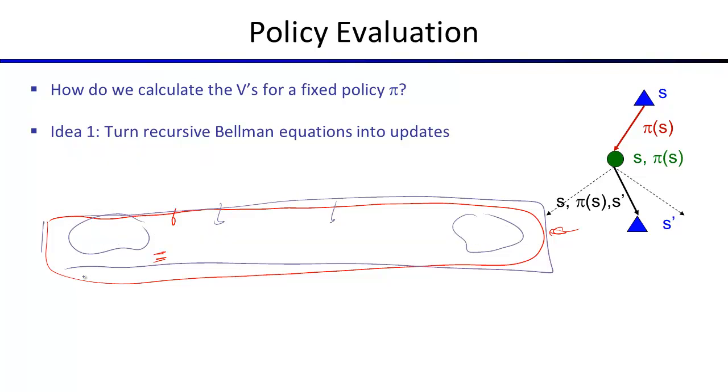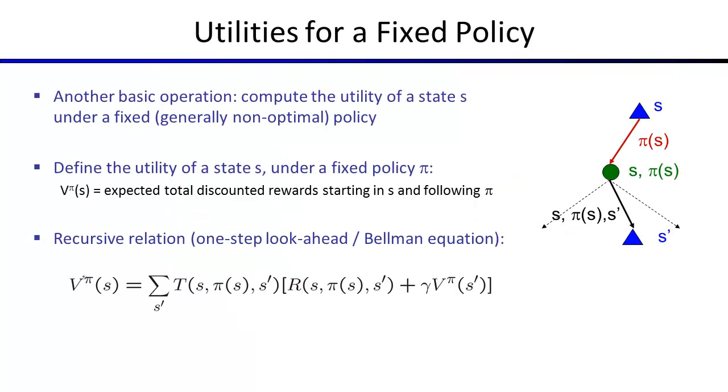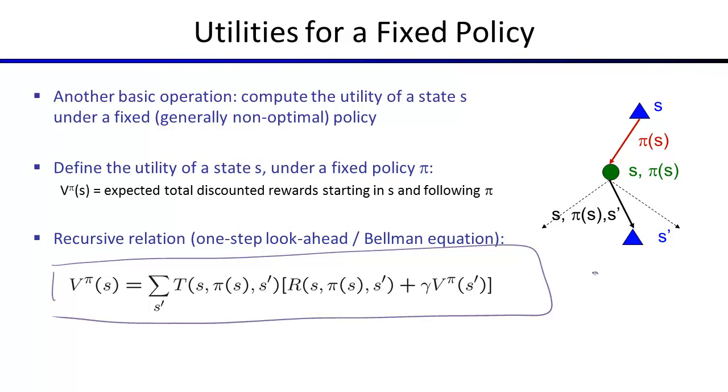Let's go back 2 slides here to spell it out a little more explicitly. This is the linear set of equations, because there's one for each state, that we're trying to solve right now. Variables are v pi of s, for each state s, and s prime is one of those states. And that's it. Left side, linear, is just an occurrence of the variable.